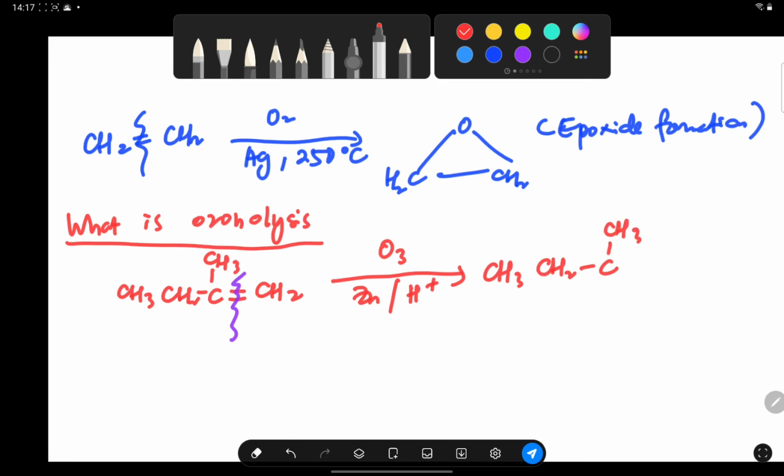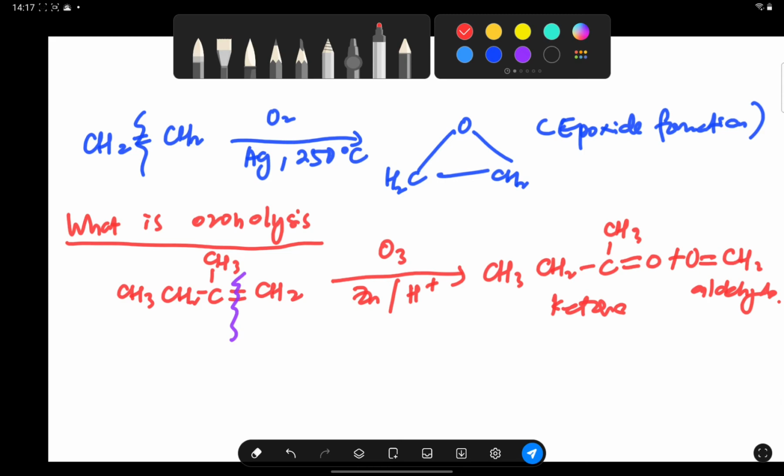At the cleaved side, you just add double bond O plus here double bond O and then CH2. Means that here you will produce a ketone and here you will produce an aldehyde. Okay.